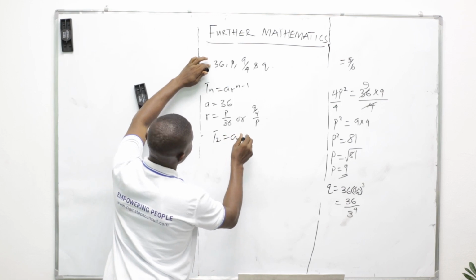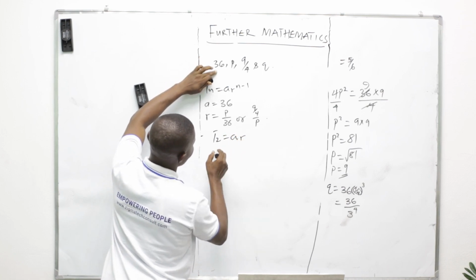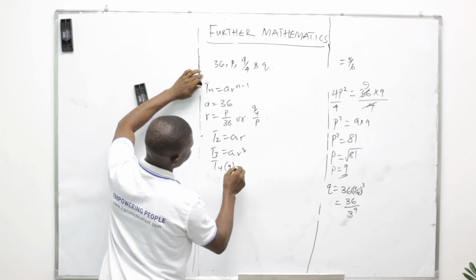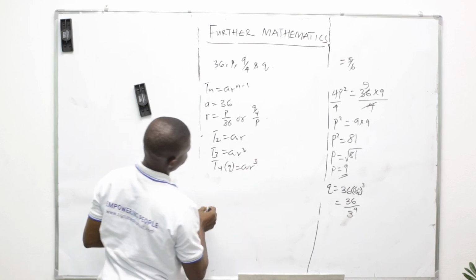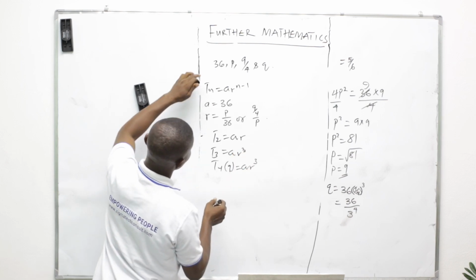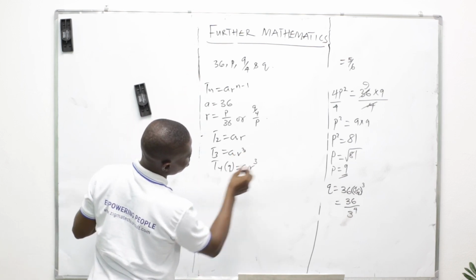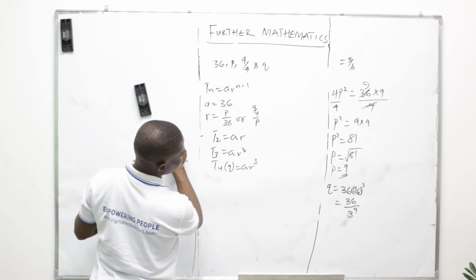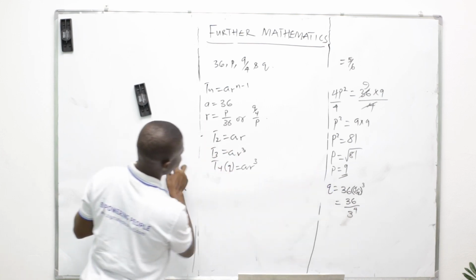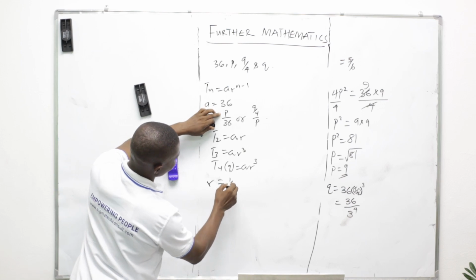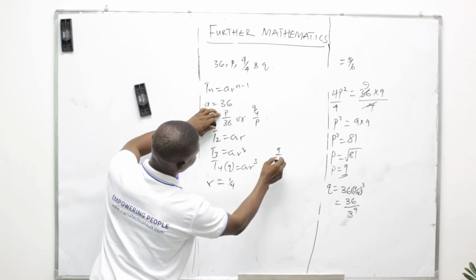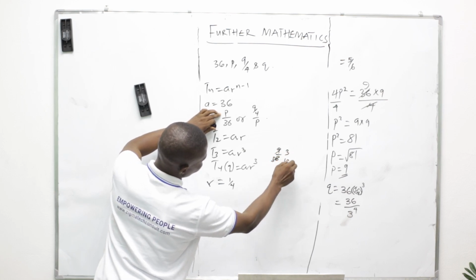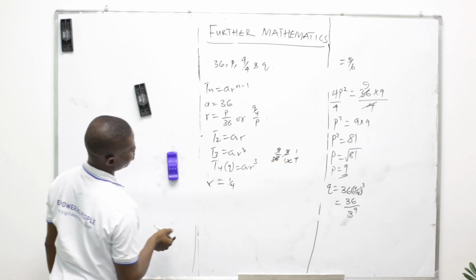T2 equals AR, T3 equals AR squared, T4, which is Q, equals AR cubed. The common ratio: the square root of 81 is 9. Now R equals 1 over 4.